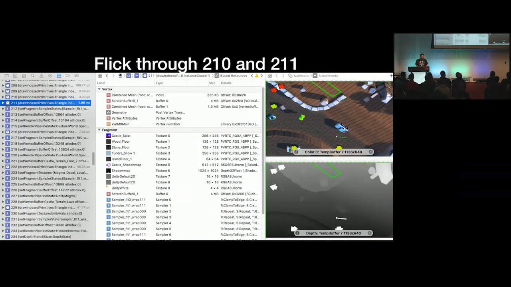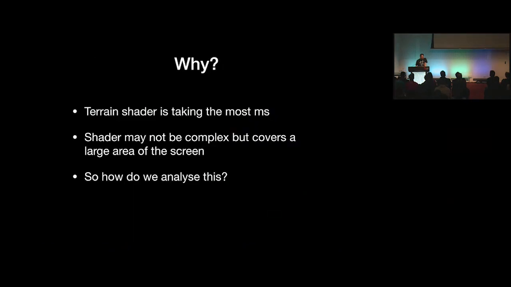Oh yeah, I know it's upside down too. What we're doing is drawing that entire terrain piece. Remember I mentioned before, it's not only shader complexity, but how much it covers of your screen. So just keep that in mind too. Now we click on 211, and that's what I just explained.